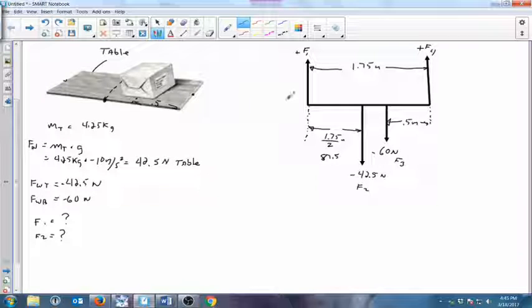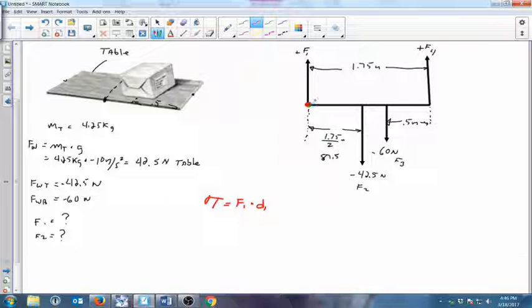Now, we can either pick this point right here, and I'll show you why in a second, or we can pick this point. Let me explain to you why we're picking this point. I'll do it in red. If I pick this point right here, then the torque created by F1 is equal to F1 times distance 1.